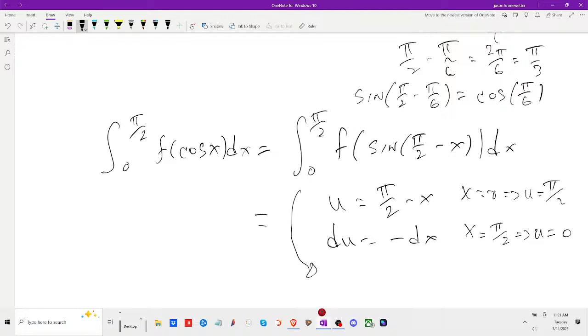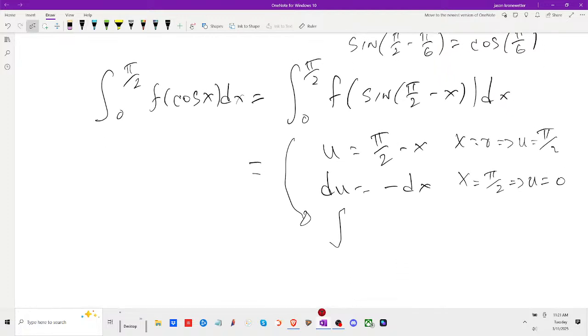So this integral converts into the integral, now it's u, so it's pi over 2 to 0. We have f of sine u, because u is equal to pi over 2 minus x. The dx part is equal to minus du, so I'm going to put a du here and a minus there.